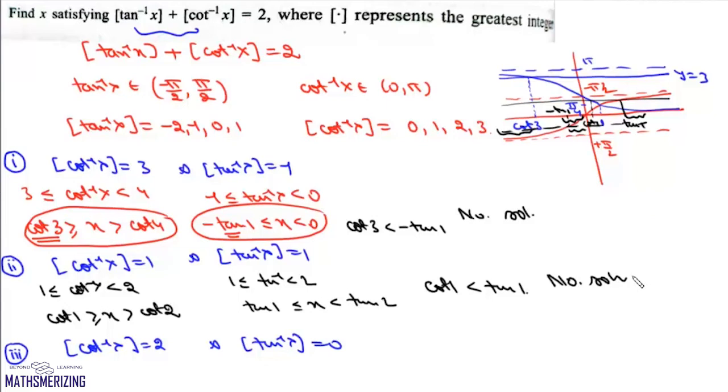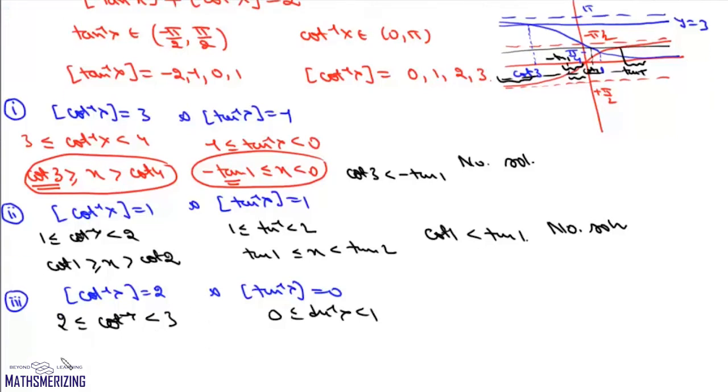Now we'll come to the third and final case, when the value of cot inverse of x lies between 2 and 3 and the value of tan inverse of x lies between 0 and 1. Now in this case, we'll get cot 2 is greater than x is greater than cot 3, and here we'll get 0 is less than x is less than tan 1. So we already have tan 1.